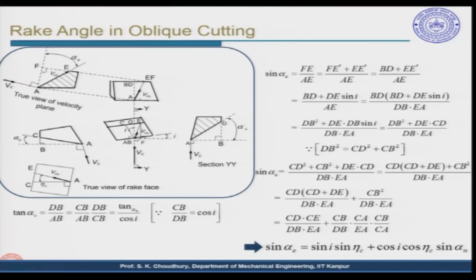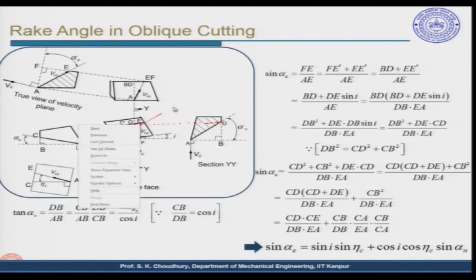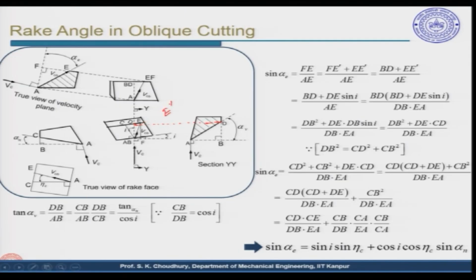If you take this view and from here take the line which is going to D, now this intersection is the E prime.